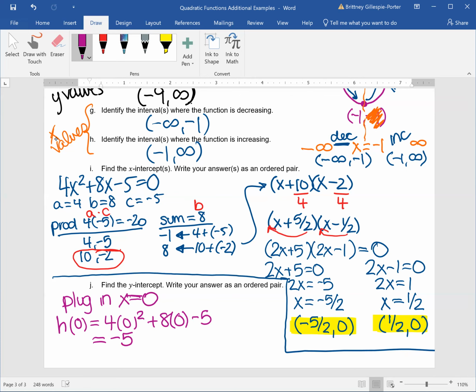Because 0 squared is 0 times 4, still 0. 8 times 0, 0. Don't care about it. So we get -5. This tells us that y equals -5 is our y-intercept, but we want it as an ordered pair. Remember, we plugged in 0 for x, so 0 is going to come first, and then our -5 comes second. So our ordered pair is 0, -5.